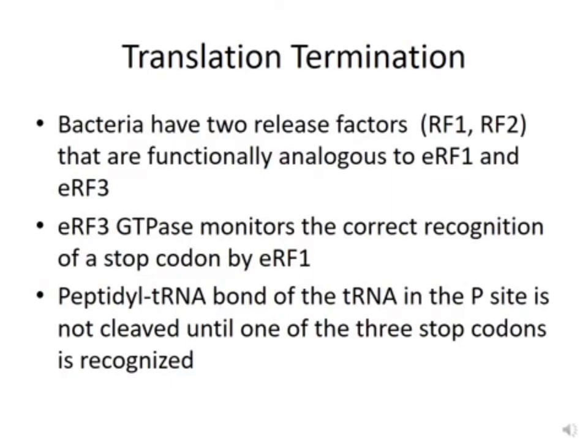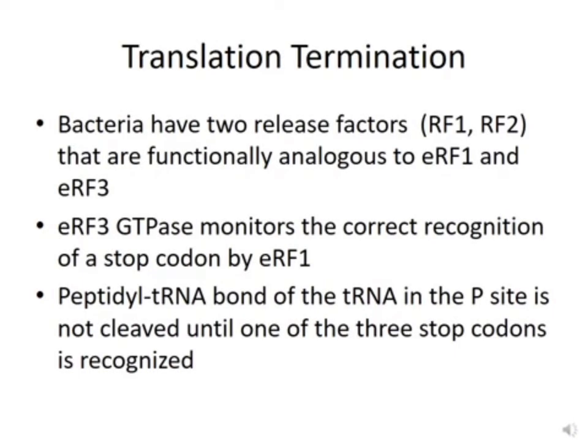Similarly to eukaryotes, bacteria have two release factors, RF1 and RF2, as opposed to ERF1 and ERF3. The bacterial release factors are analogous to the eukaryotic release factors. The GTPase on the ERF3 monitors the correct recognition of a stop codon by ERF1.